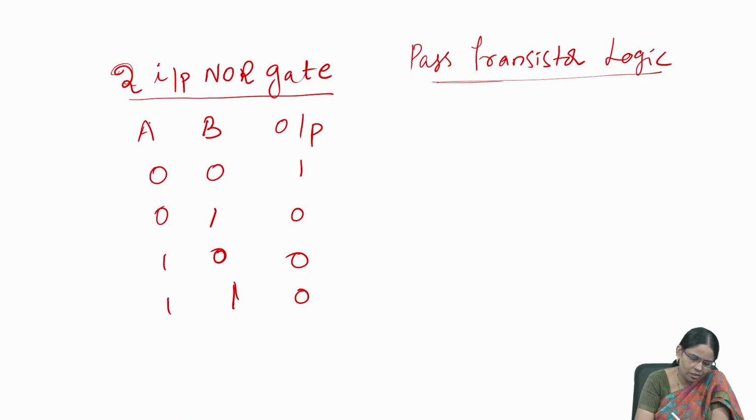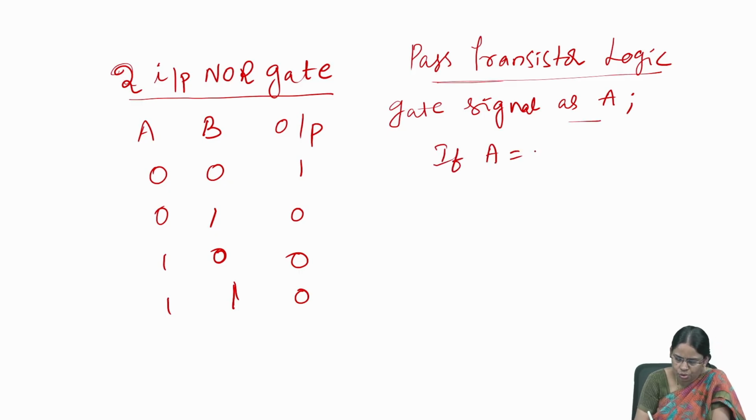Either you can take the gate signal as A or as B. Let us consider the gate signal as A. If A equals 0, my output is the reverse of B. If B equals 0, output is 1.